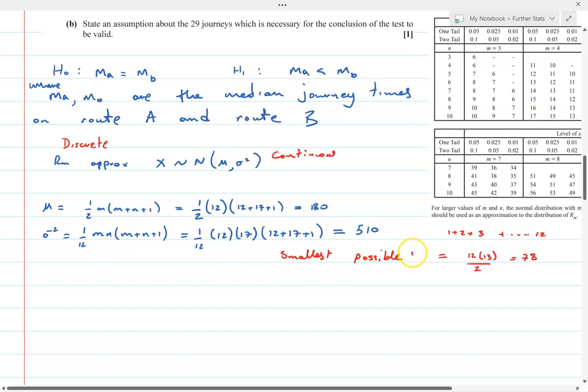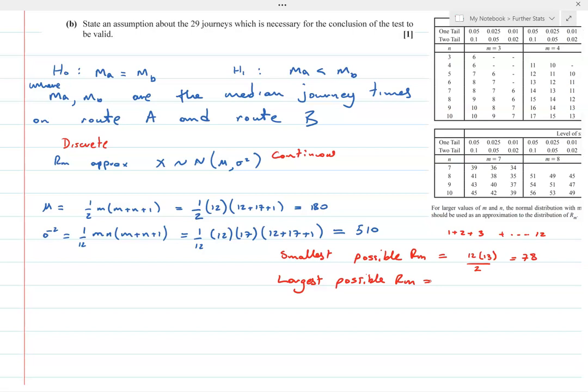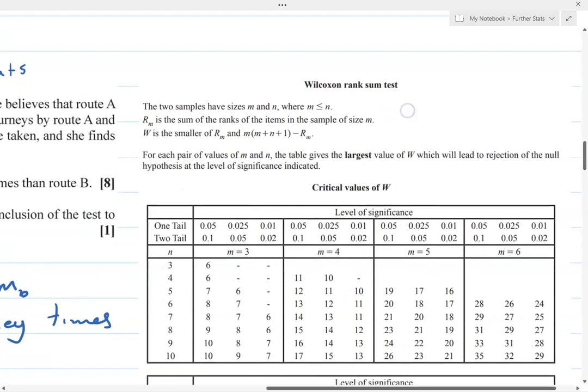And the largest possible Rm would be if they start off as the biggest they could be. So that would be 29 plus 28 down to whatever that number is, but we can calculate that, and that's effectively what this is.